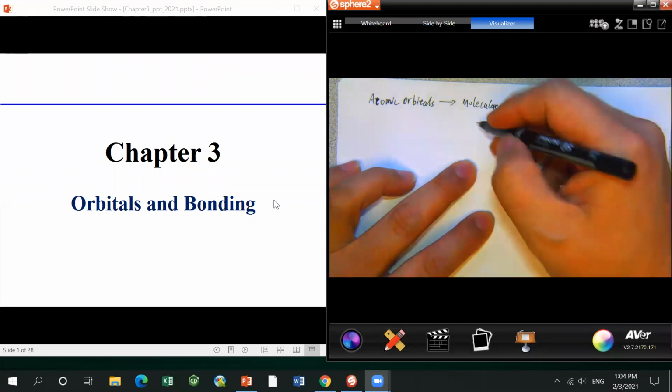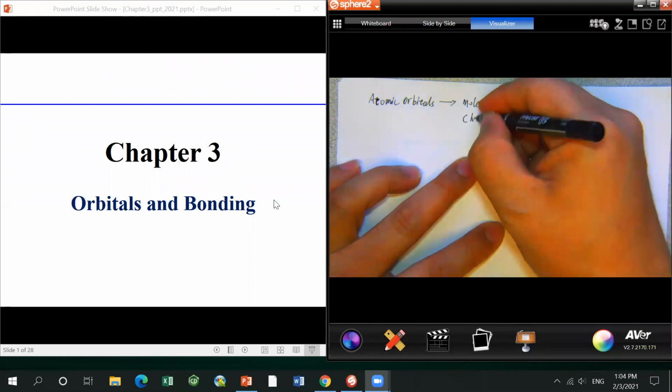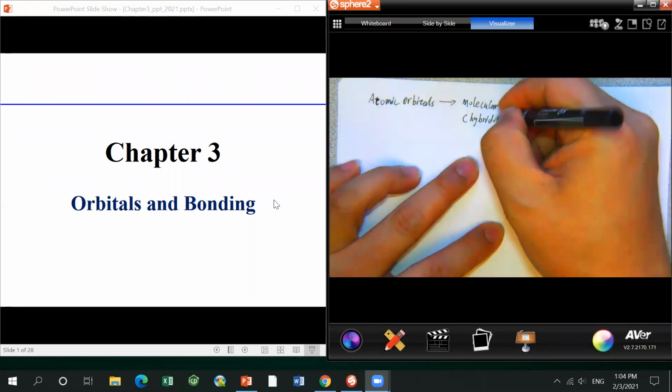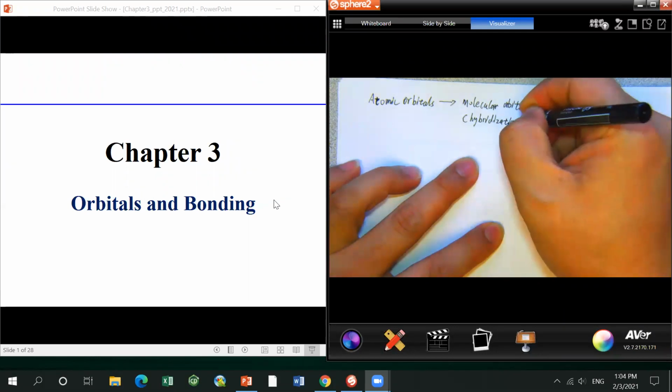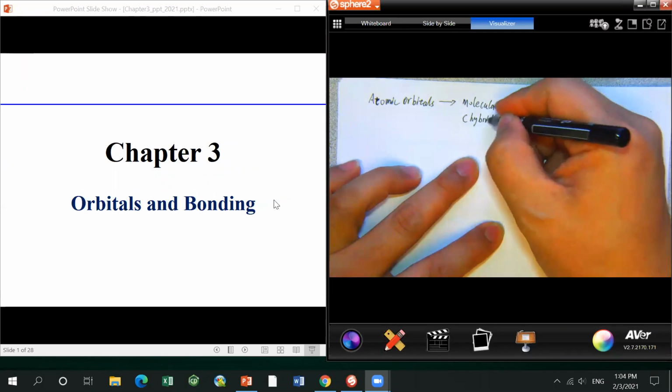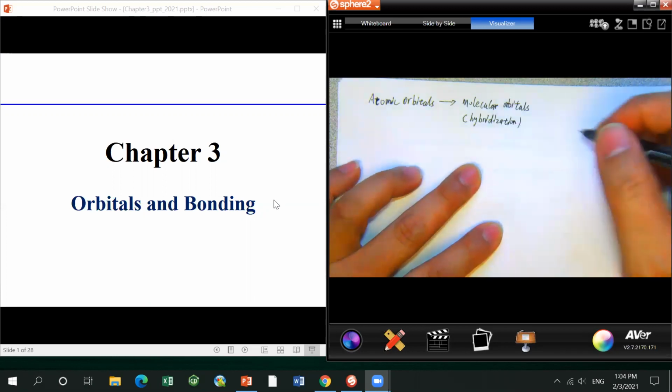We'll also learn hybridization, so what's the hybridization of a certain carbon or oxygen: sp2, sp3, sp. Those we'll learn in this part.